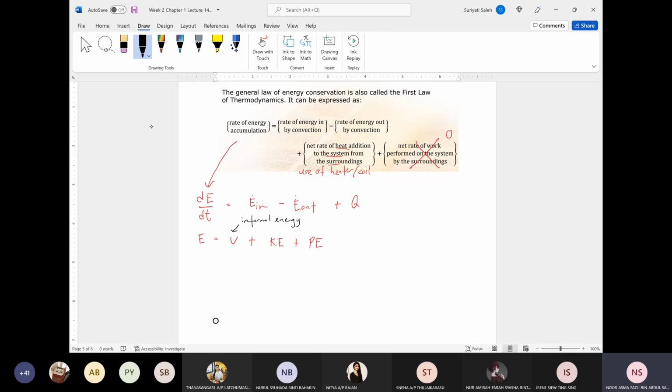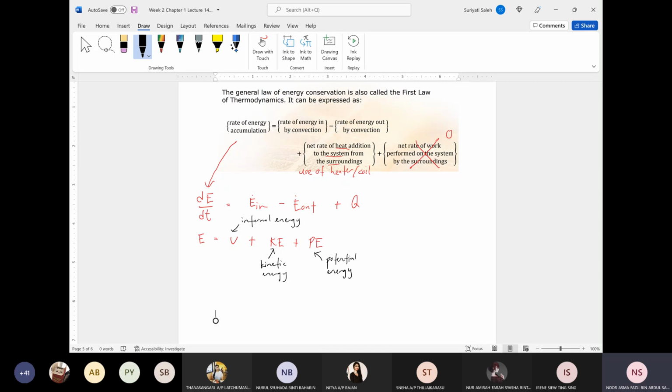And the KE represents the kinetic energy. And lastly, the PE represents the potential energy. So this is the form for the energy.